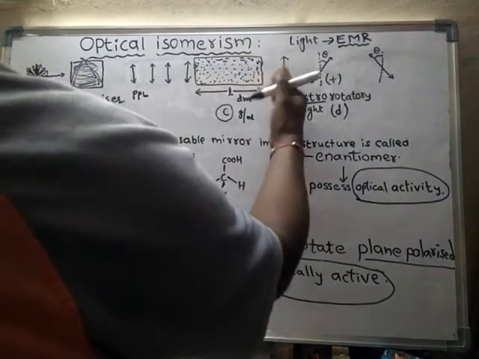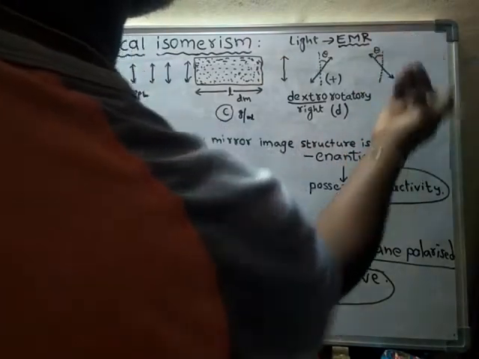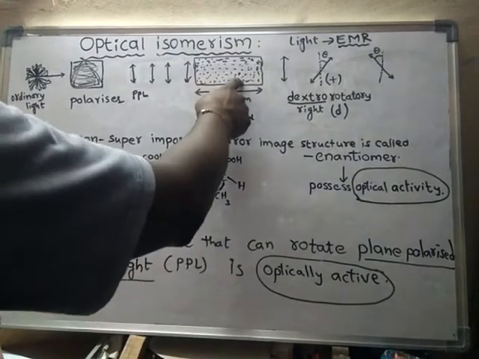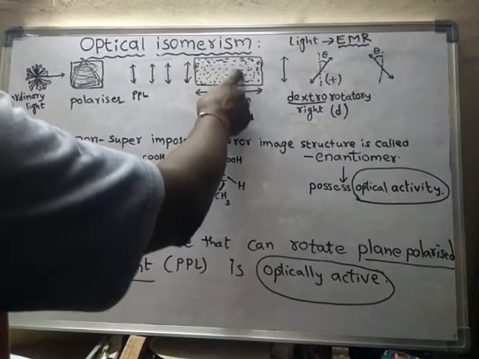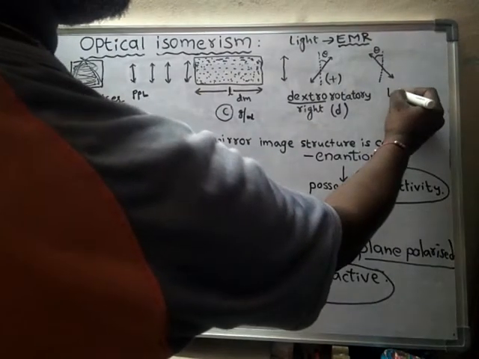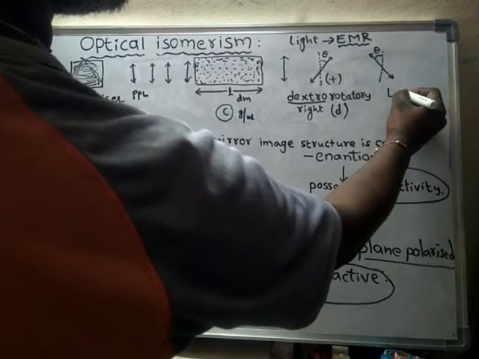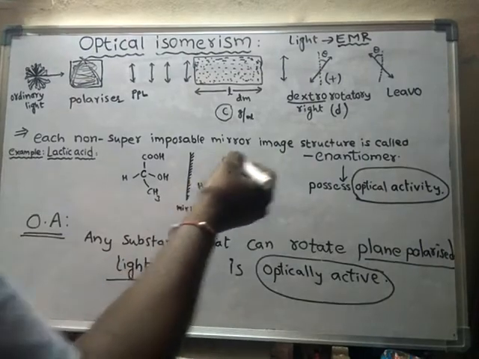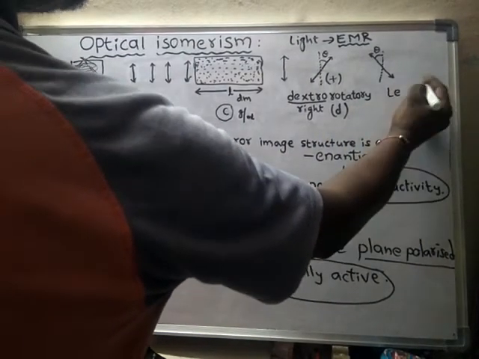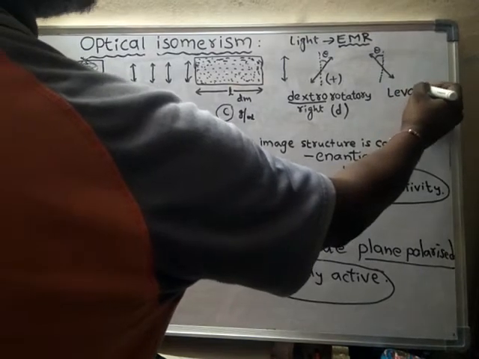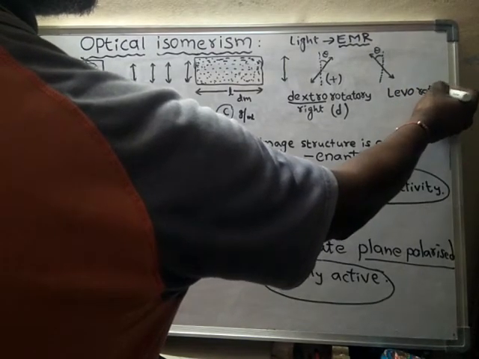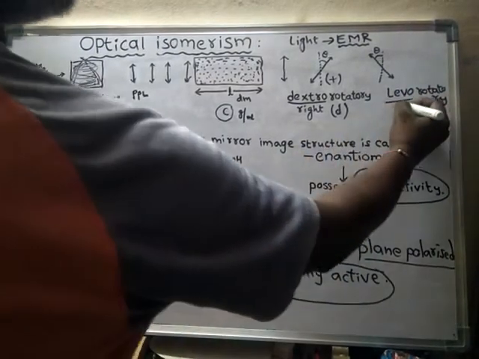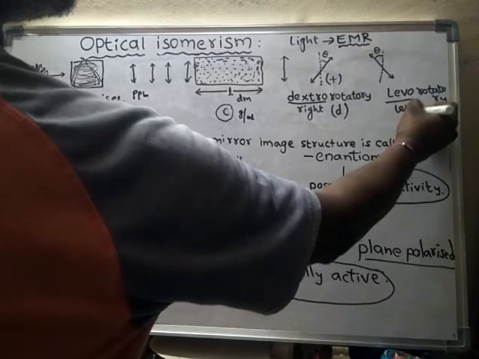Suppose the plane polarized light is rotated towards the left side by the compound, then that compound is said to be levorotatory. Levo means left.